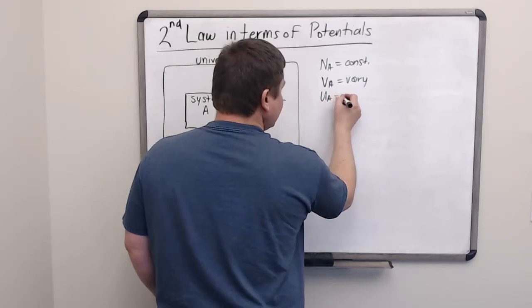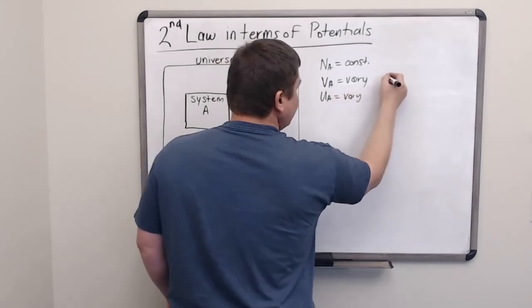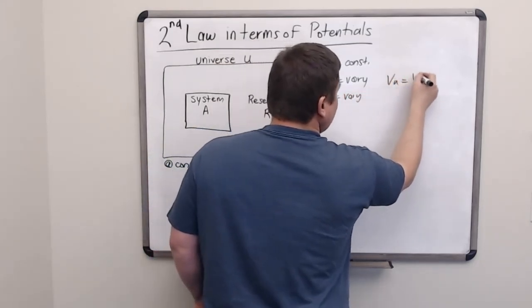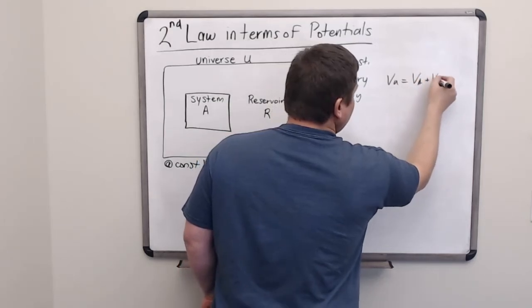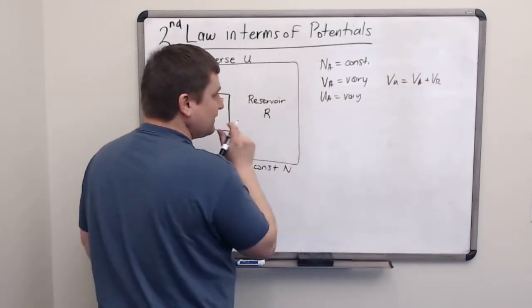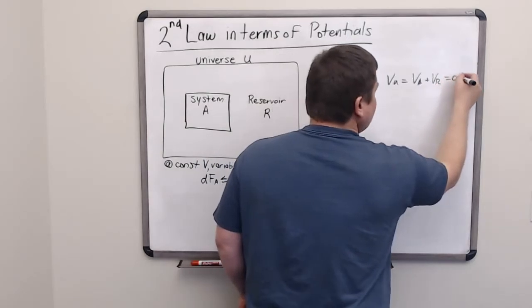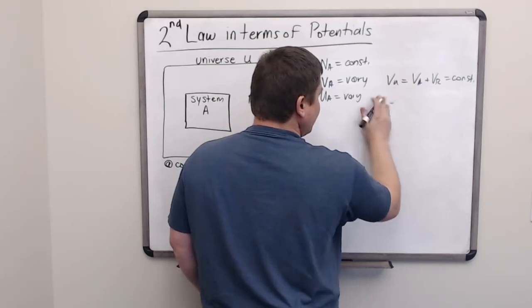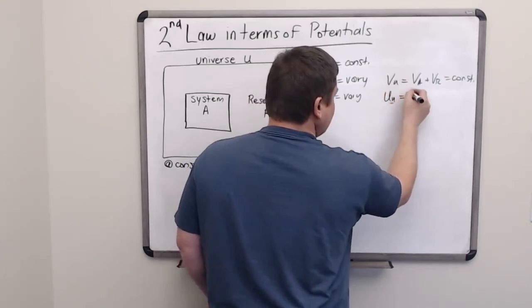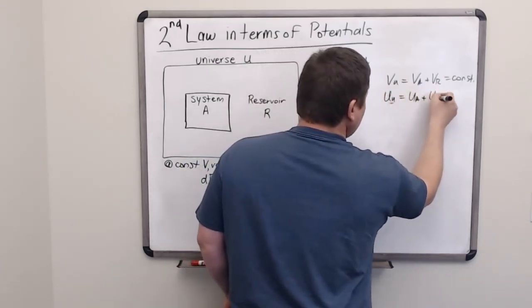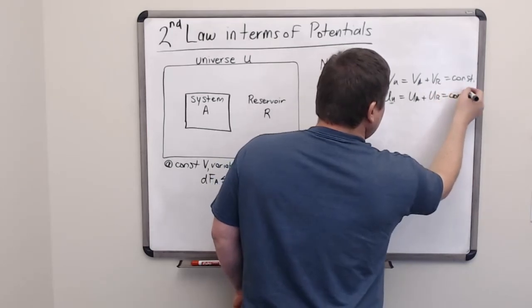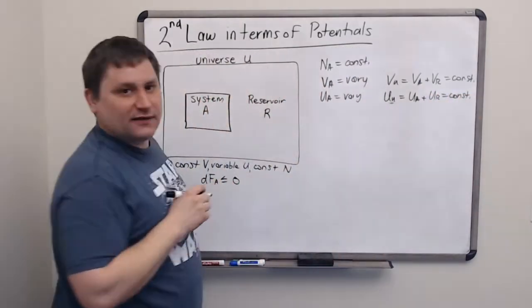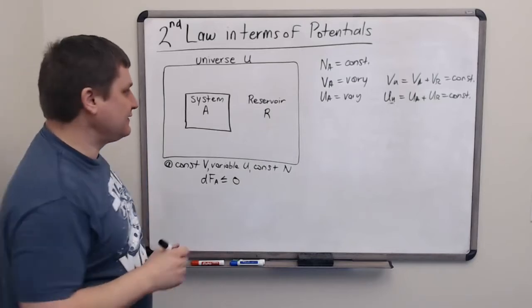The internal energy of the system can vary. But variations in those volumes and internal energies must be matched by a corresponding opposite variation for the reservoir. So the volume and energy of the universe are constants.